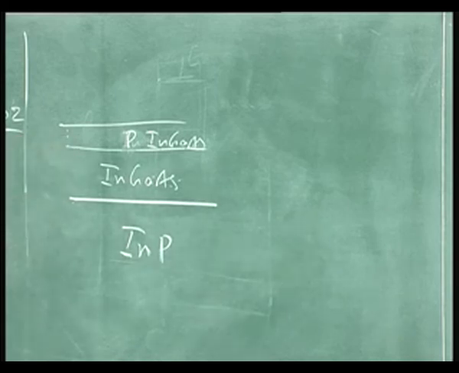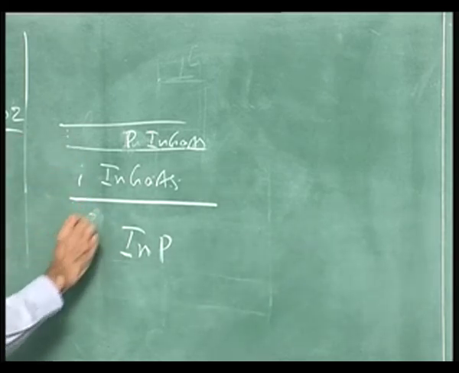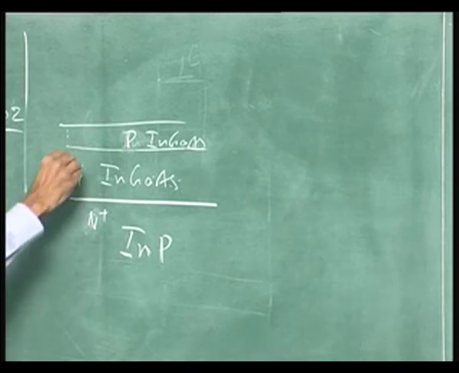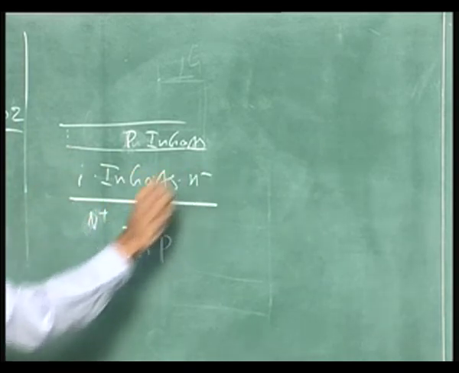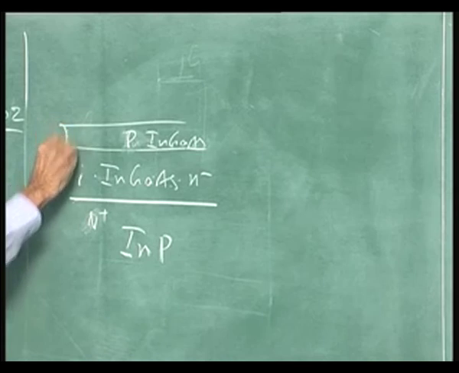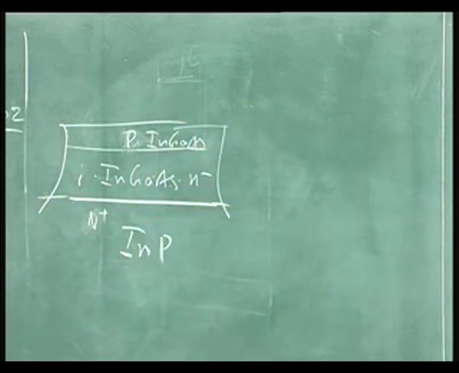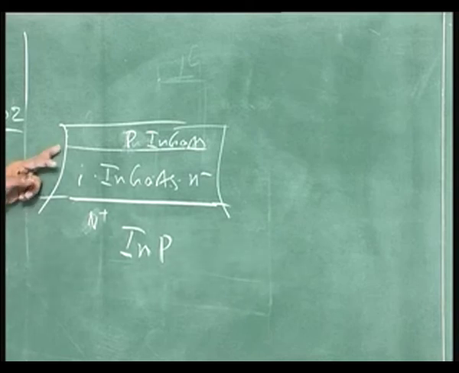So, p type, this is intrinsic, this is p type, I am sorry, n plus. These are different layers which are there. So, what I want to try and point out is, this is slightly n minus. So, then you prepare it and etch them down like this. So, you have the junction exposed here.